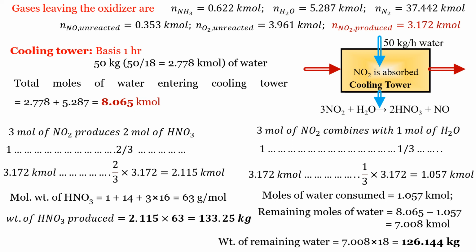So we can find the weight of remaining water, which will be equal to 126.144 kg. We will get a mixture of HNO3 and water, because the complete water is not reacting. Only a portion of water is reacting. So HNO3 will come along with water.